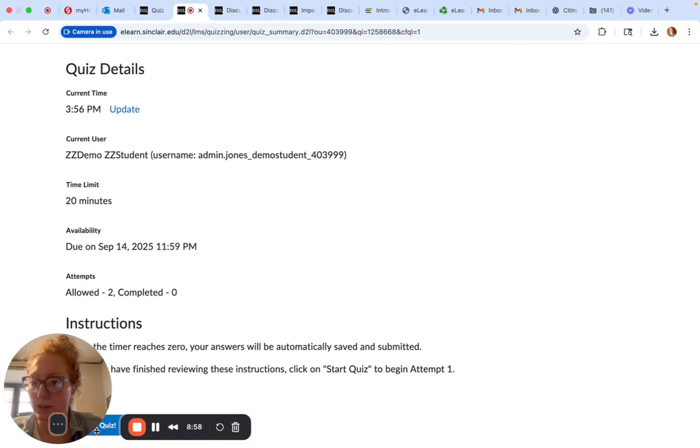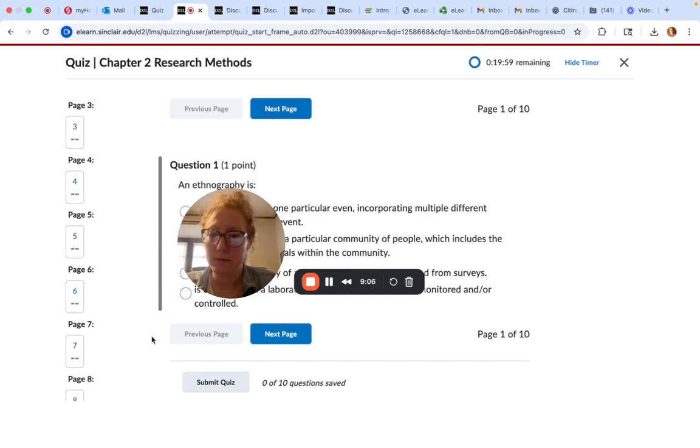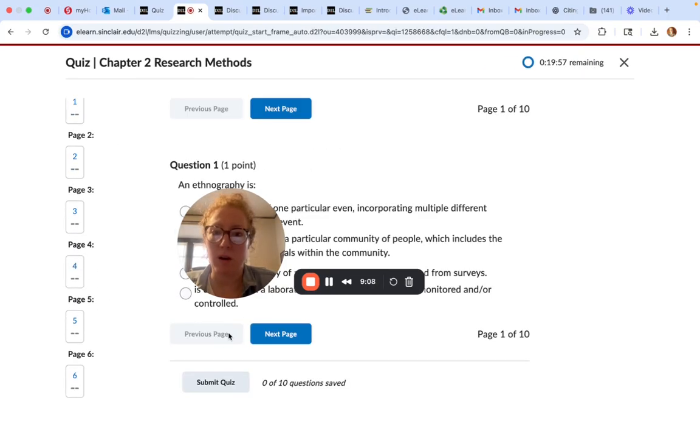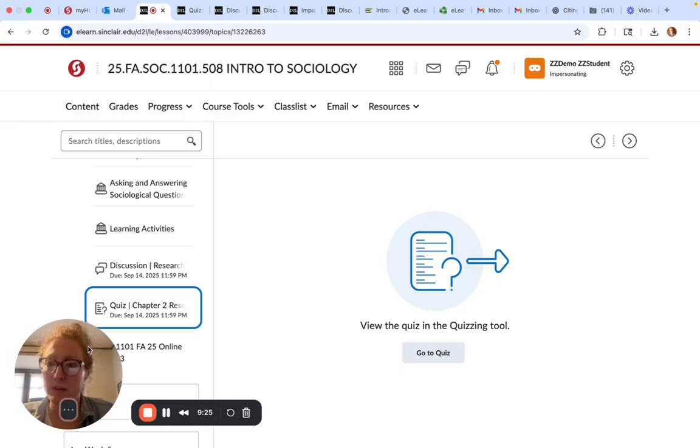And there's a start quiz option here. And then you go through, you answer a question, you go to next page, and you keep going until you finish, and then you click submit quiz at the end. For details on how many opportunities you have per quiz, see the syllabus. And I think that pretty much covers that.